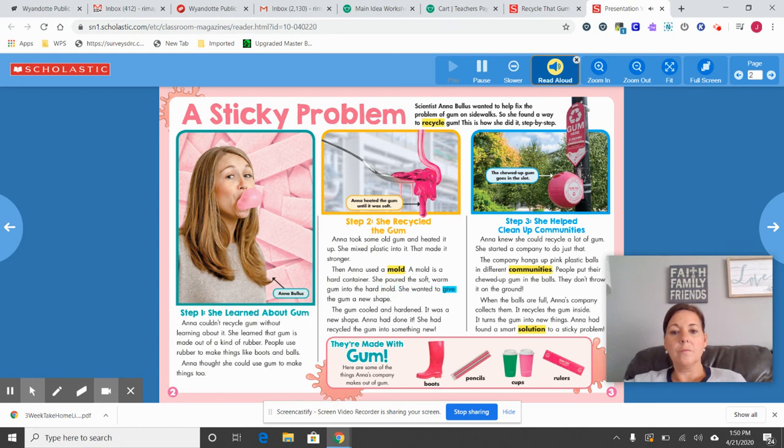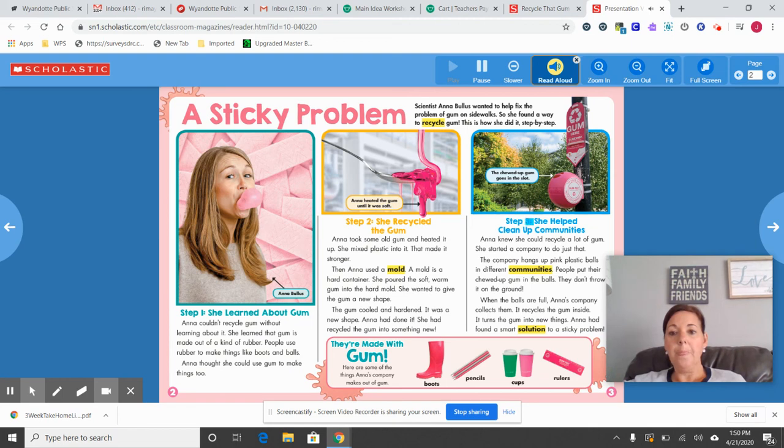She wanted to give the gum a new shape. The gum cooled and hardened. It was a new shape. Anna had done it. She had recycled the gum into something new. Anna heated the gum until it was soft.